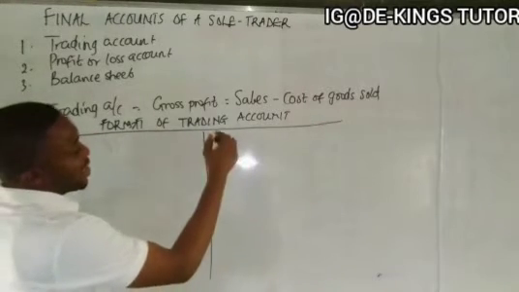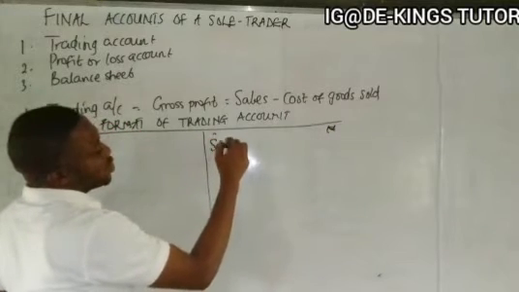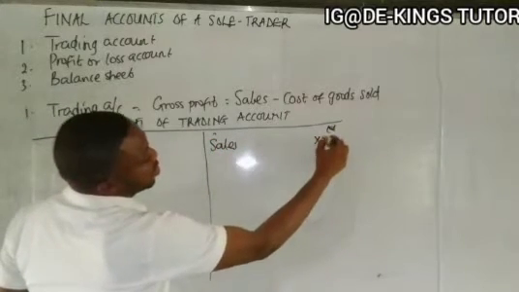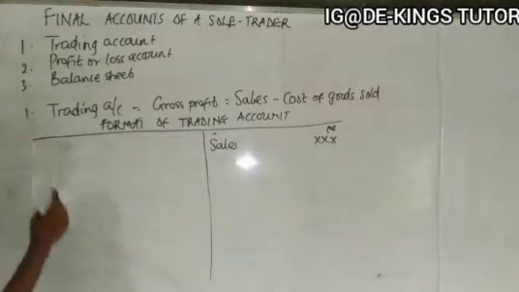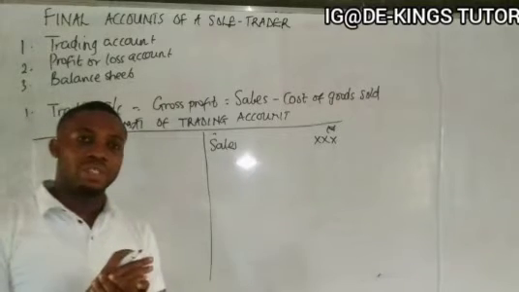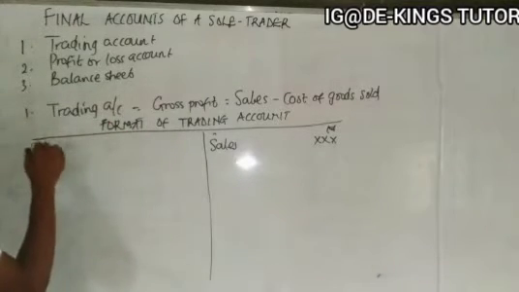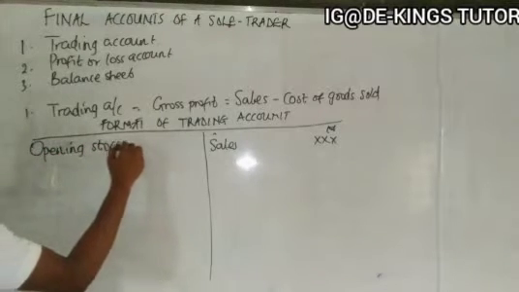Now, on the credit side, we can have our sales. Now at this side, what normally starts our trading account is opening stock. I'll explain all this one after the other. So our opening stock.